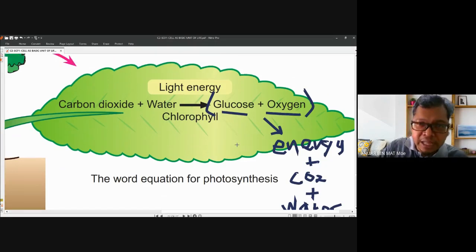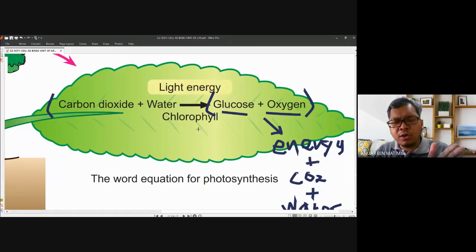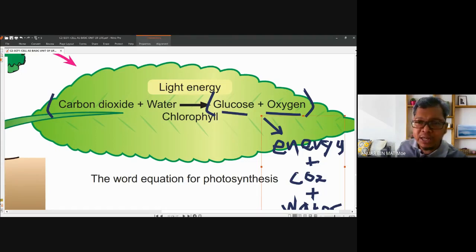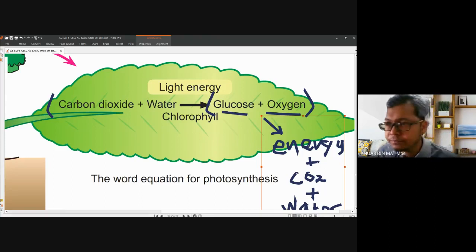But for photosynthesis, the requirements are carbon dioxide, water, light energy, and chlorophyll, to turn into glucose and oxygen. So can you see the dependency, the flow here? Respiration and photosynthesis need each other.